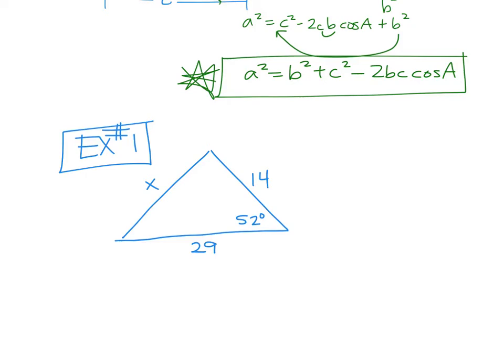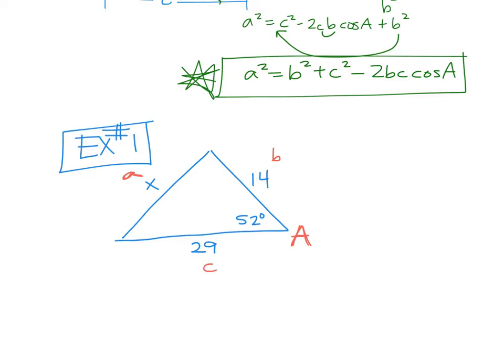Okay, so here's our setup. With law of cosines, this would be an SAS triangle, so we can use the law of cosines. Here's the rule that you have to make sure you stick with every time. In our original setup, the angle A was across from which side? The lowercase a, right? So wherever your angle is, the A is across from it. In this case, that's my x. So this would be my A. Your B and your C are interchangeable.